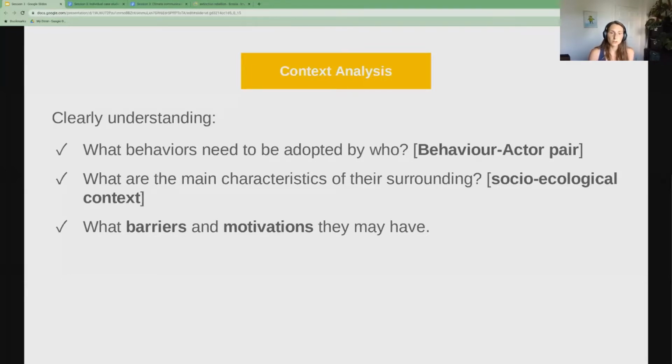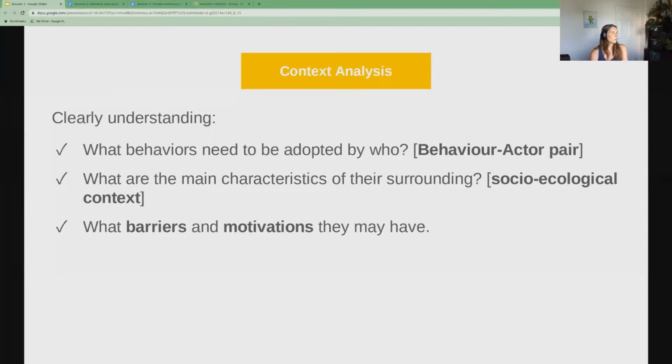Who benefits from whom? Where does money come from? Where does money go? So trying to go beyond the typical prejudice, like, oh, we're a village, so there are going to be a lot of farmers, but really looking into what the actual situation is, especially for the actors you are trying to influence.